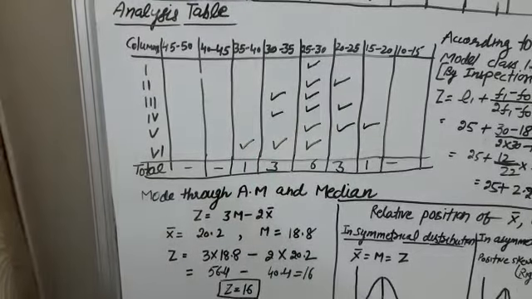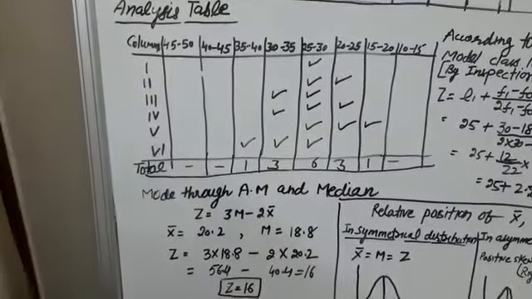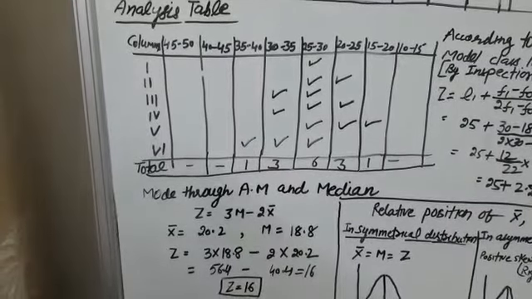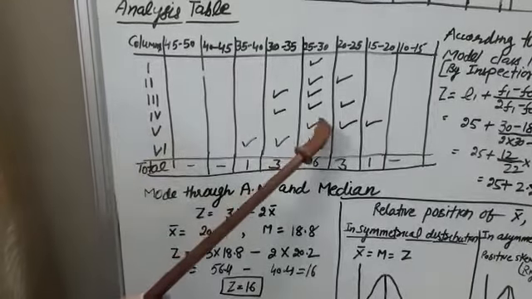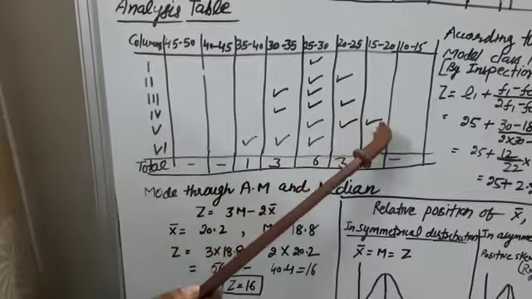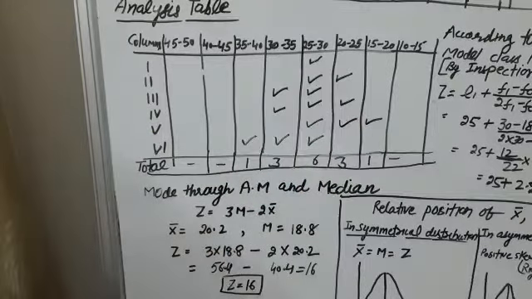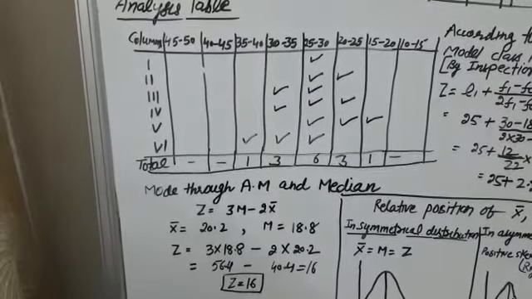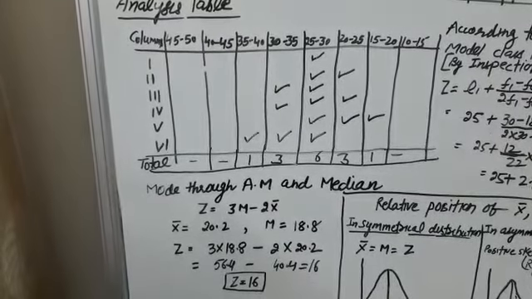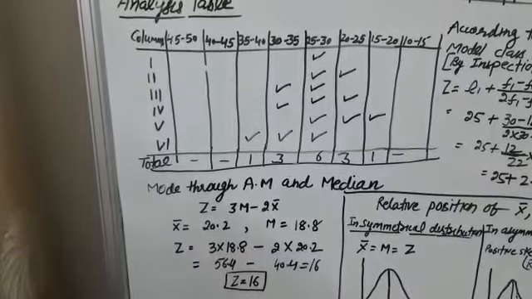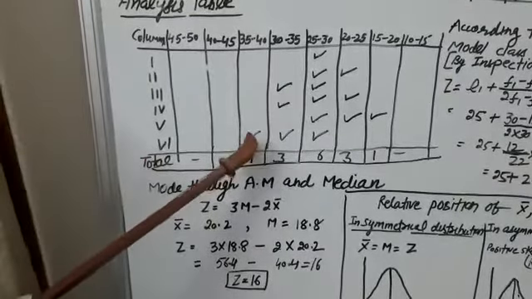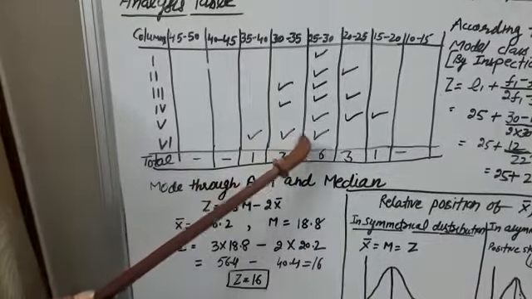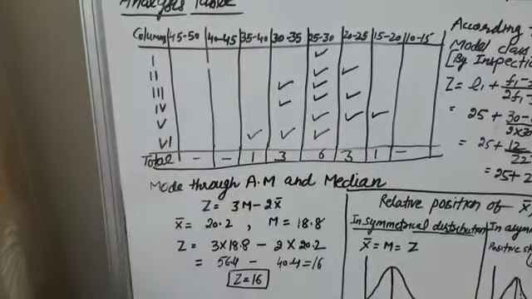In the fifth column, it is 56 and the corresponding class intervals are 25 to 30, 20 to 25 and 15 to 20. Whereas in the last, sixth column, it is 10 plus 20 plus 30, 60. So corresponding class intervals are 35 to 40, 30 to 35, 25 to 30.